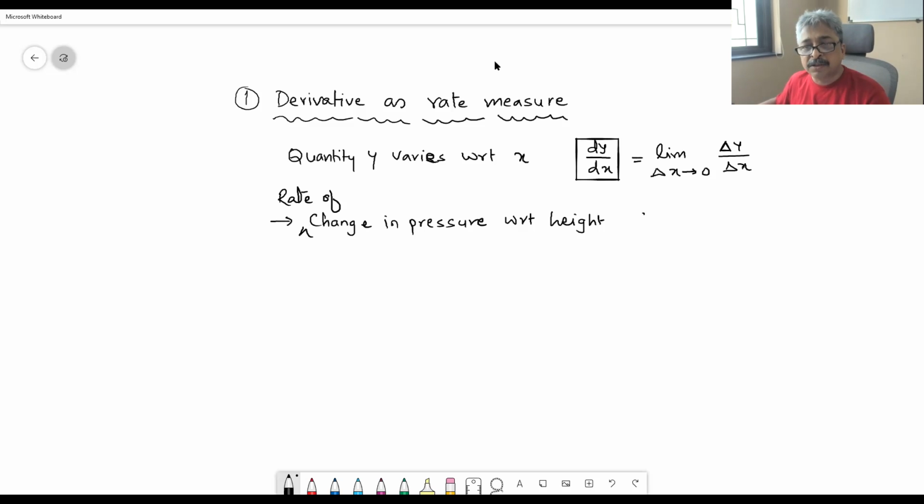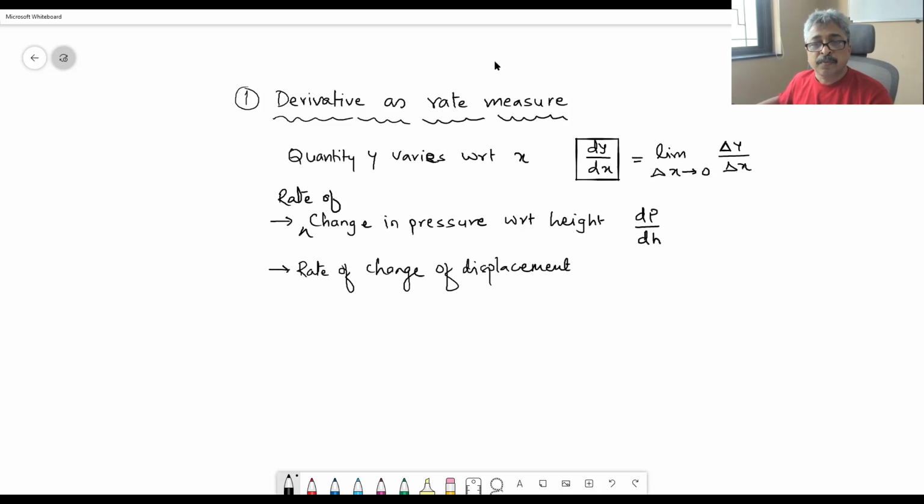Maybe rate of change of displacement with respect to time, ds by dt, we call this velocity.